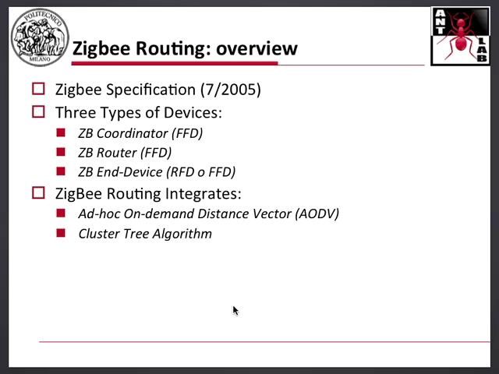So what are the differences between these three? As I was saying, this one is the boss, the coordinator of the network, which means that it can run all the functionalities of the network layer. It has the full network layer functionalities. These here are routers, which means that they can play the role of relaying devices. They can relay information which is not generated by themselves but received from someone else.